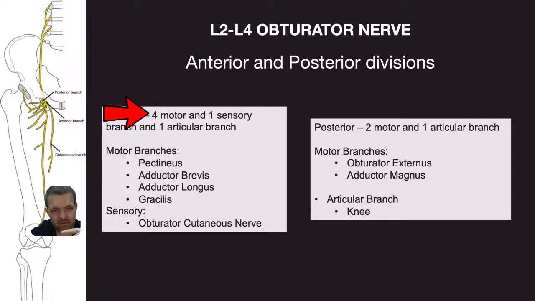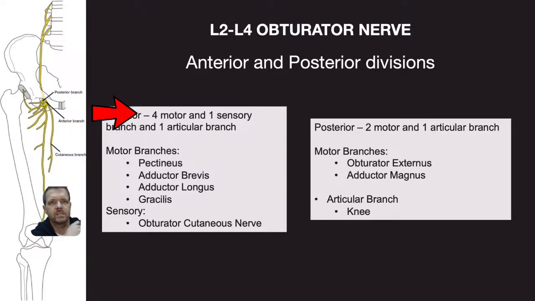And again, we covered this a couple of weeks ago, but just as a recap, we've got motor nerves which go to the muscle. We've got sensory nerves that come from the skin and supply the sensation from the skin, or detect the sensation from the skin. And we've got articular nerves, which are branches that go to the joints and receive information from the joint to let your body know what's happening with the joint capsule and the environment in and around the joint.